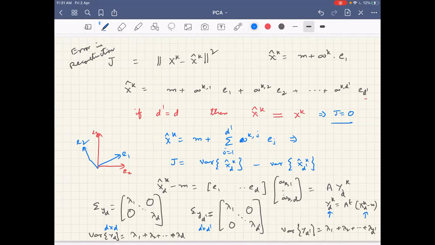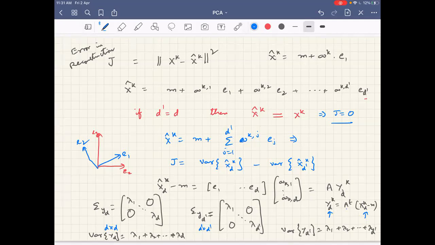Okay, we can approximate the variance of x hat d using the variance of y, because we can consider this anyway d meaning, and then this is the eigenvector matrix.